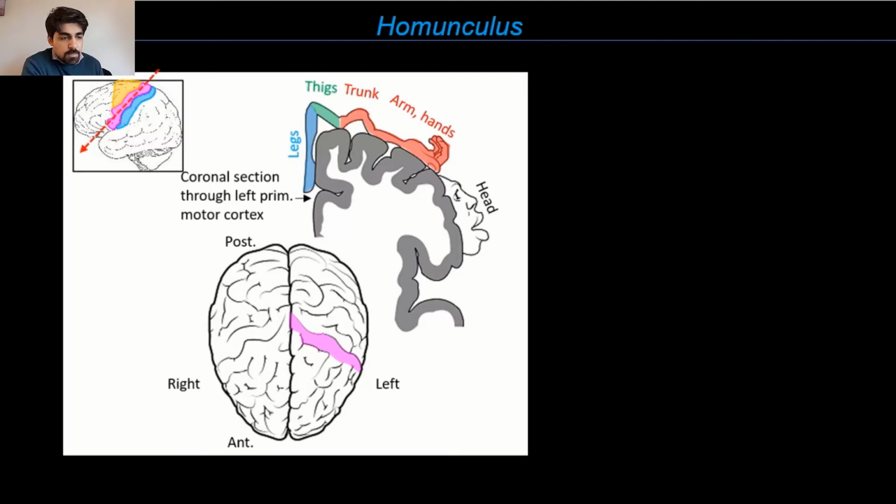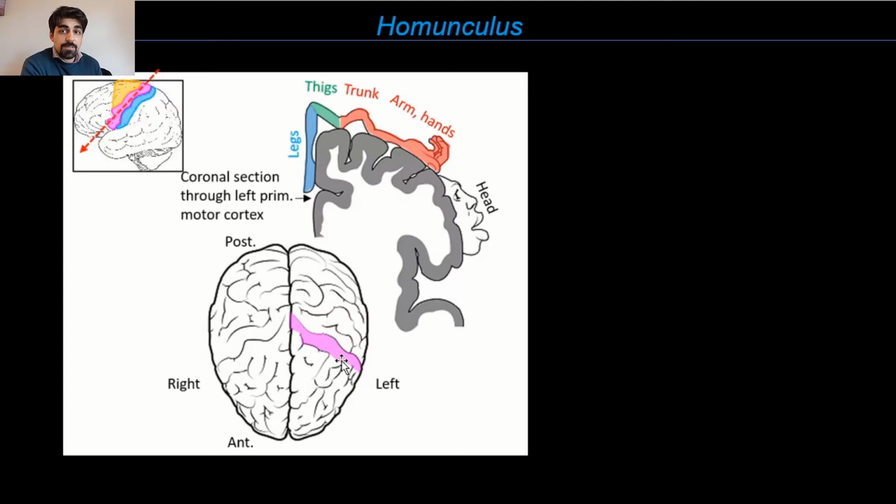Now let's have a look at this illustration over here. So what you can see is basically the superior surface of the cerebral cortex. You can see the left cerebral hemisphere here and the right over here. You can probably appreciate the central sulcus over here on both the hemispheres. This region here is the precentral gyrus or the primary motor area, which has been color-coded in purple.